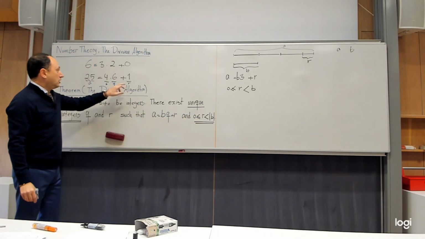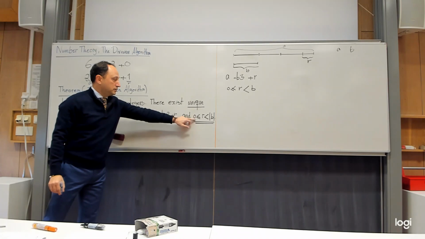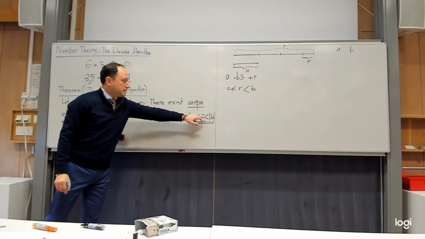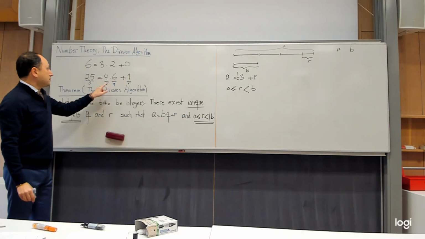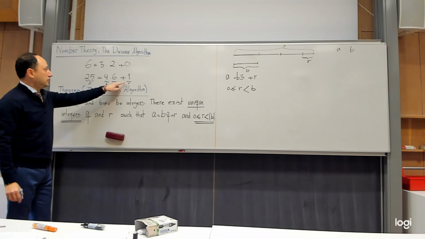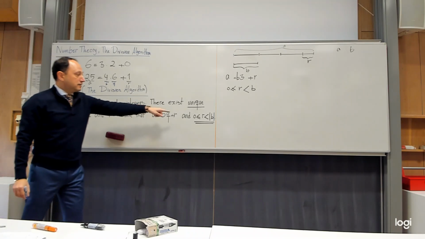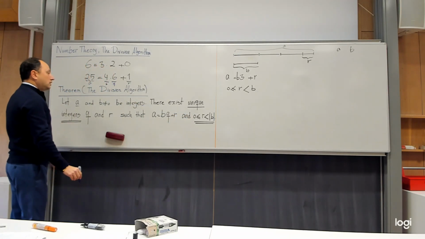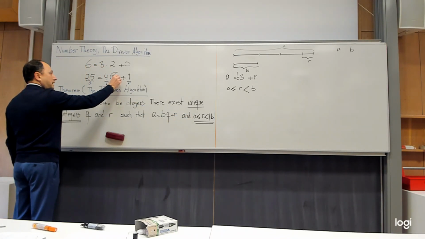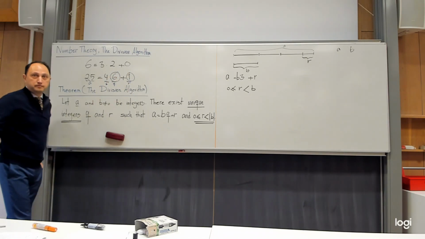Let us check. R is greater than or equal to 0, which is true. R is less than the absolute value of B. The absolute value of B is 4 and R is really smaller than 4. So if you want to respect this, every one of you will find this pair of numbers, nothing else.